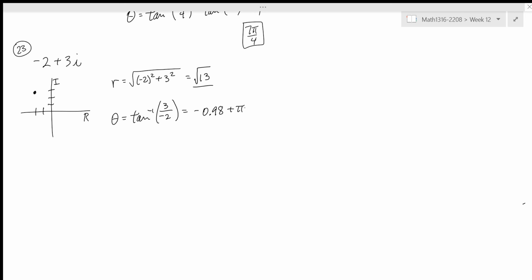So what is 3.14 minus 0.98? 3.14 minus 0.98 is 2.16 radians, and that's radians.